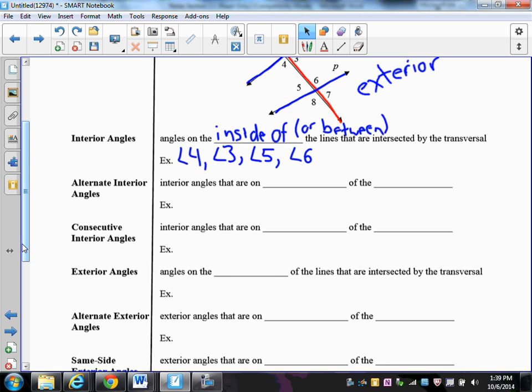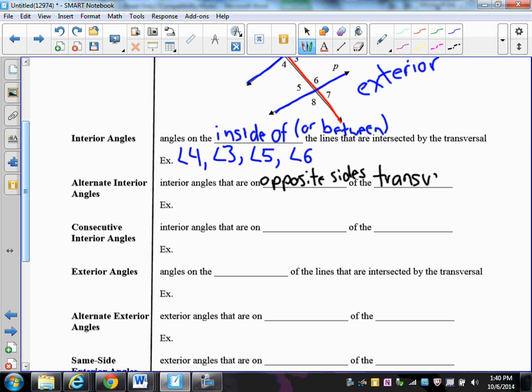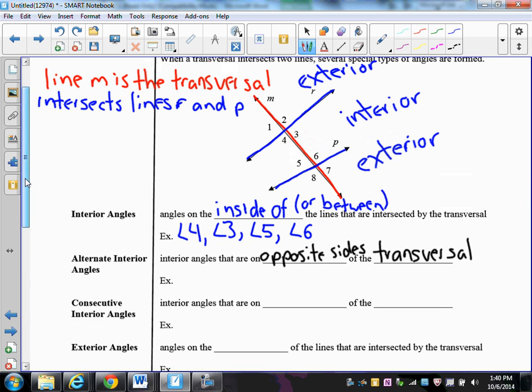We have alternate interior angles. So these are special types of interior angles. The definition of this is interior angles that are on opposite sides of the transversal. So again, I have my 4 interior angles, 4, 3, 5, and 6.